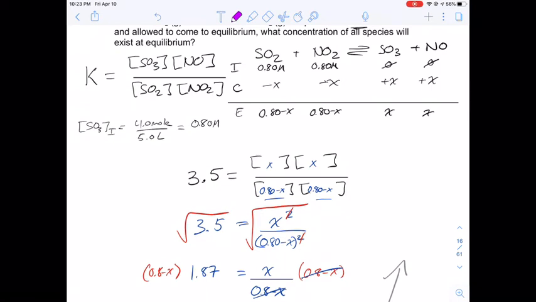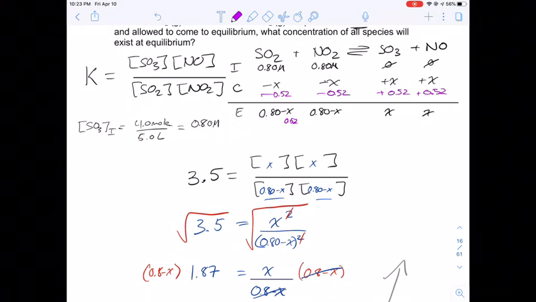Okay, so this x is now replaced with that 0.52, 0.52, 0.52, 0.52. And these are pluses and these are minus. So I'm minusing 0.52 here. This value is just 0.52.